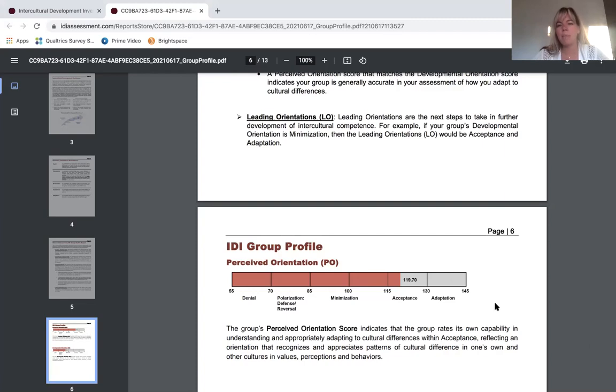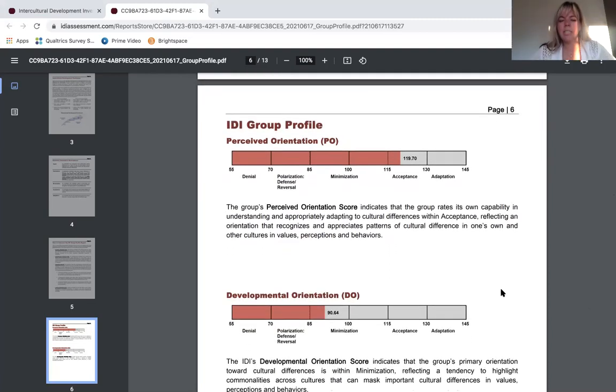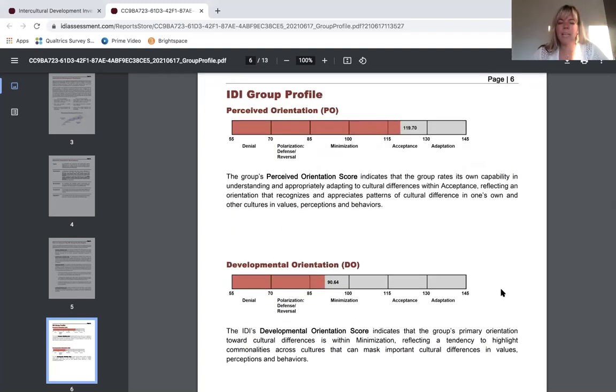Now, as you can imagine, what I'm going to show you is that we're actually going to be a bit lower than our perception. Usually we don't know exactly where our areas of improvement or areas of orientation are. So let's take a look at where this group actually is. This group is right here in between polarization and minimization.